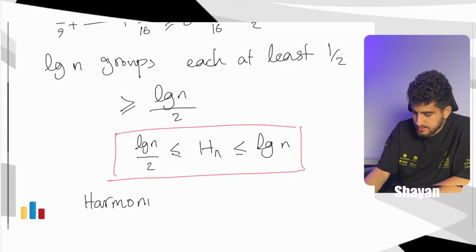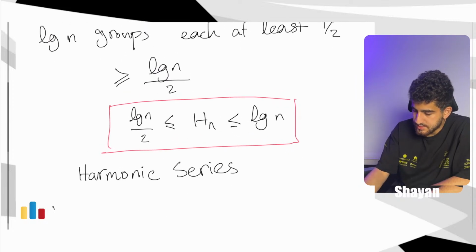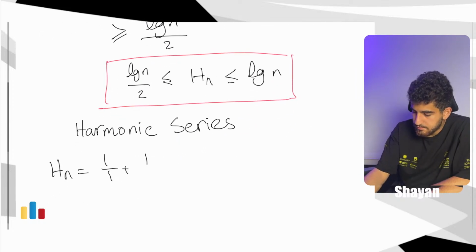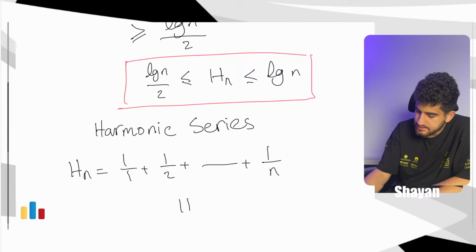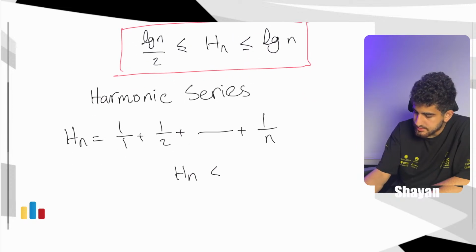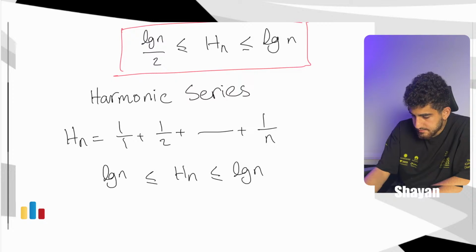The definition of H of n is 1 over 1 plus 1 over 2 up to 1 over n. And we showed that H of n is at most log n, and it is at least log n over 2.